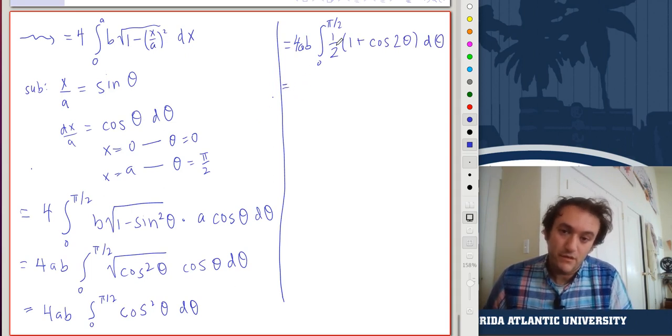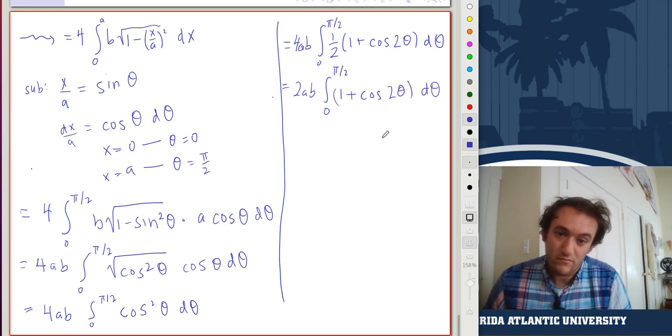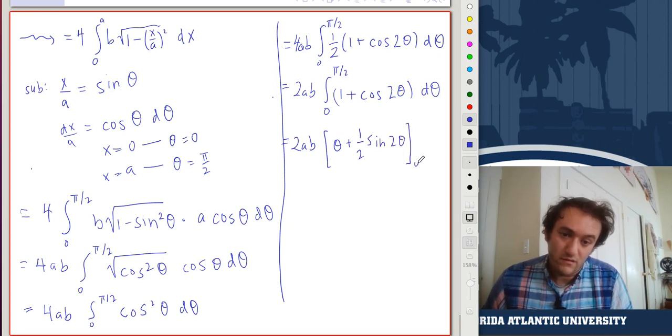Okay, so let's pull out the half, and now we're left with 2ab times the integral from 0 to pi over 2 of (1 plus cosine 2 theta) d theta. And that's equal to 2ab times (theta plus 1/2 sine 2 theta), evaluated from 0 to pi over 2.